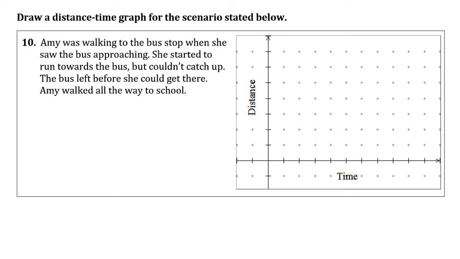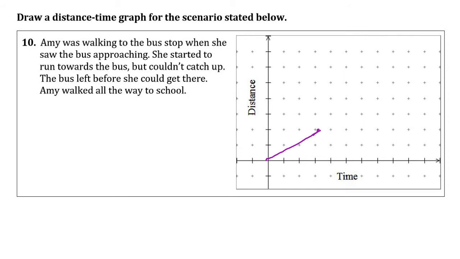So again, we don't really have for sure time values, but notice that over a time Amy was walking to the bus stop, so she's probably just walking casually to the bus stop. And then after she saw the bus coming, she really picked up her speed.